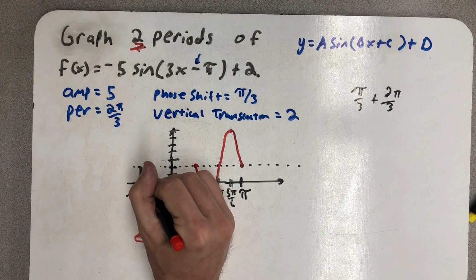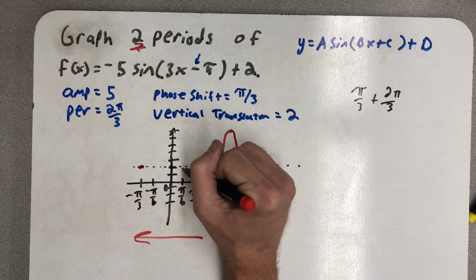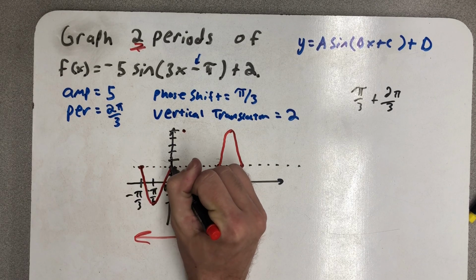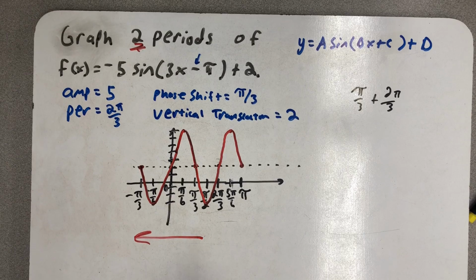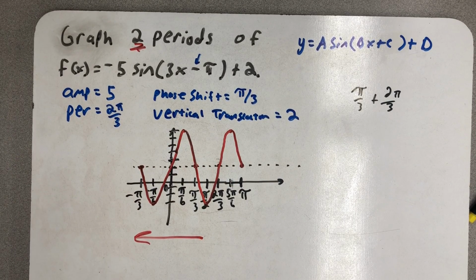And now I just need to make another one of these downward sine shapes, that reflected sine shape. And there are 2 periods of y equals minus 5 sine of 3x minus pi plus 2.